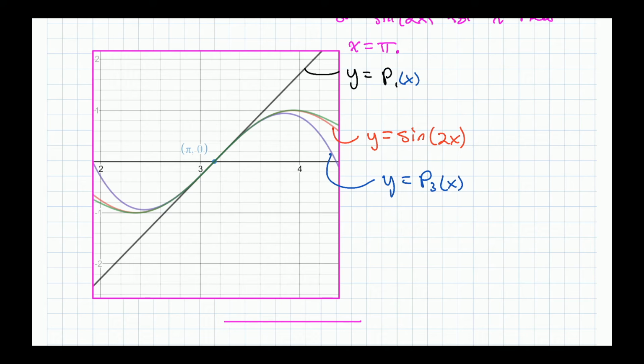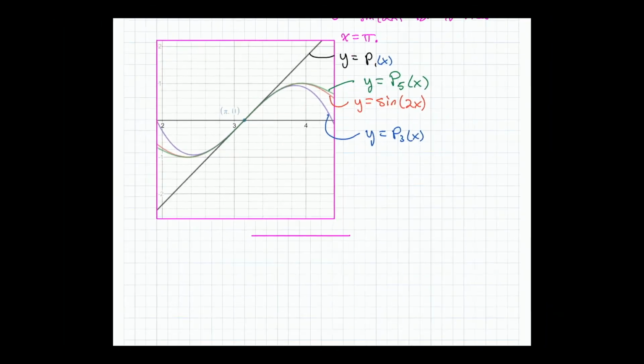And then the green curve, which we did not ever calculate by hand, was P5. And what you're supposed to notice about this is that the higher degree the polynomial, the better job it does of following y equals sine 2x, right?